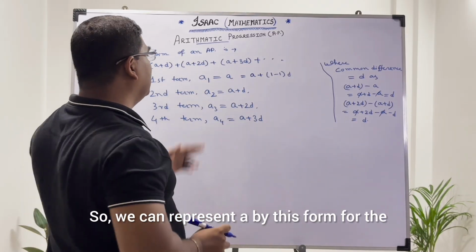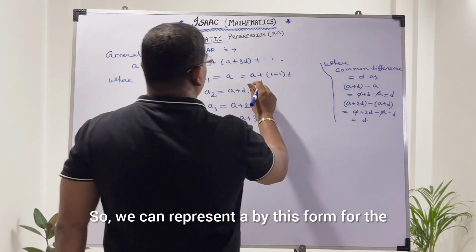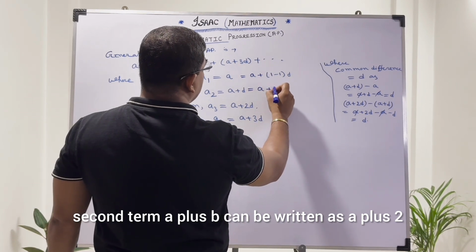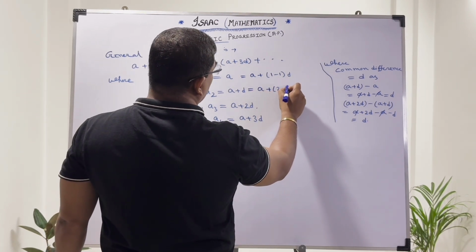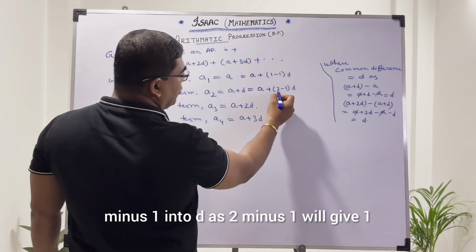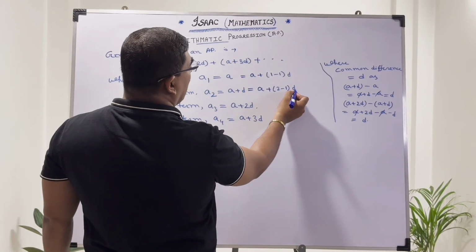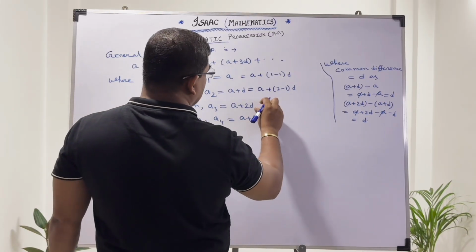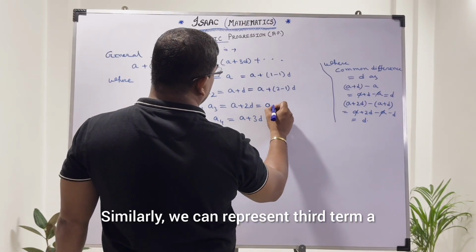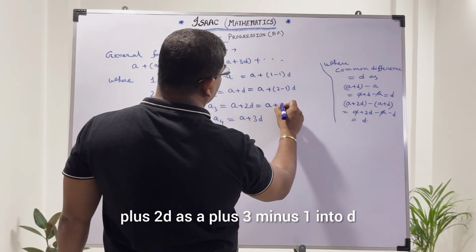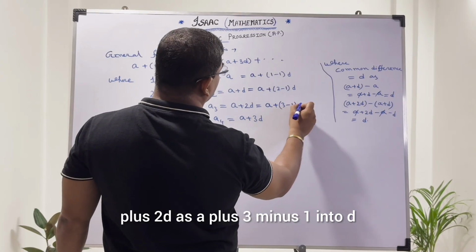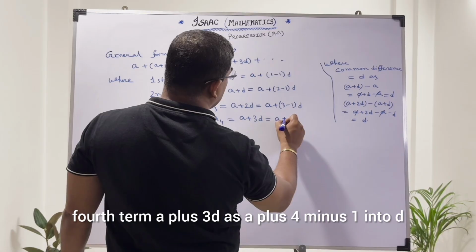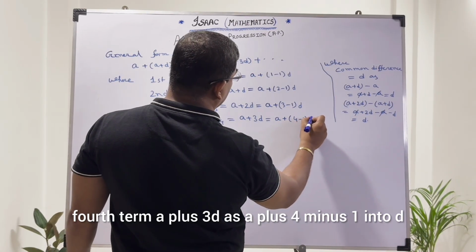So we can represent a by this form. For the second term, a plus d can be written as a plus 2 minus 1 into d. As 2 minus 1 will give 1, 1 into d will give d. So a plus d can be written in this way. Similarly, we can represent third term a plus 2d as a plus 3 minus 1 into d. Fourth term a plus 3d as a plus 4 minus 1 into d.